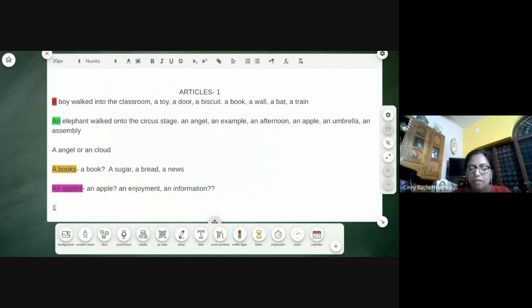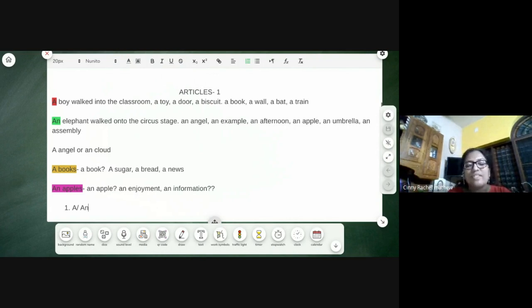So, for one, we use the indefinite articles a and an in certain specific contexts. A and an are to be used separately. That's what I said. Give unto God what belongs to God, and to Caesar what belongs to Caesar.